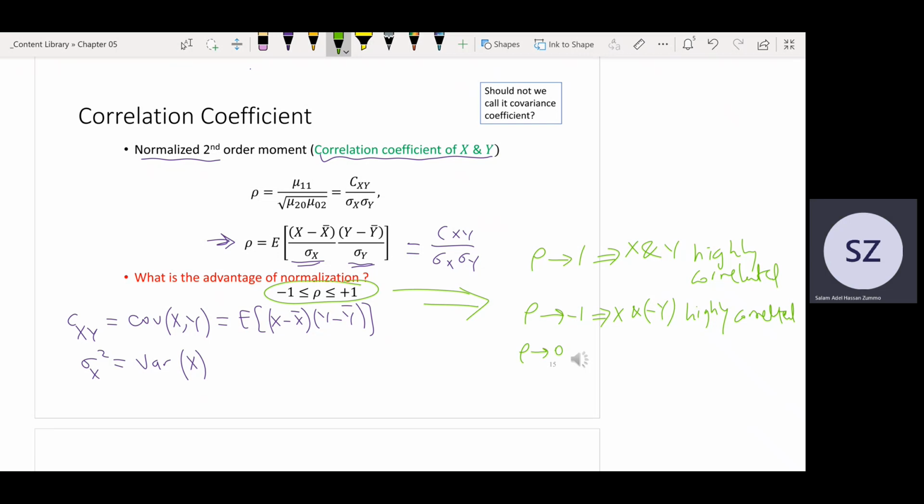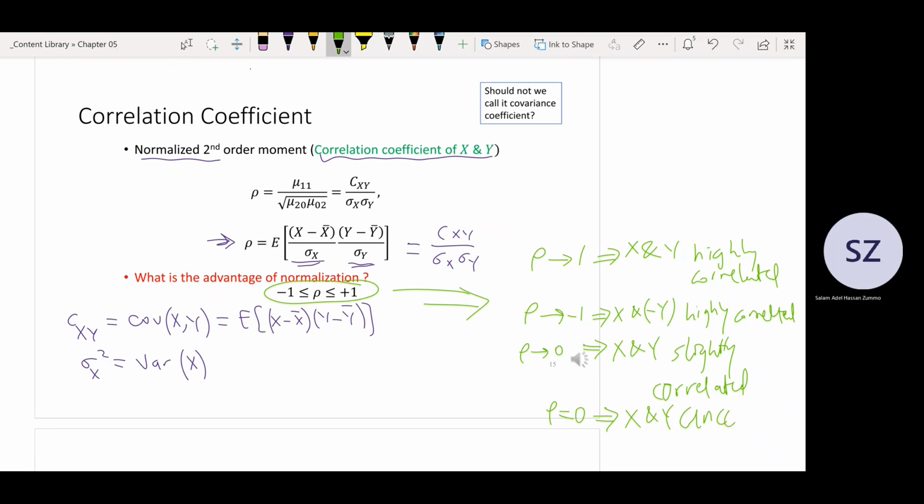Rho close to 0 means that x and y are slightly correlated, or very close to uncorrelated. Rho equals 0 means what? X and y are uncorrelated. Clear, guys?